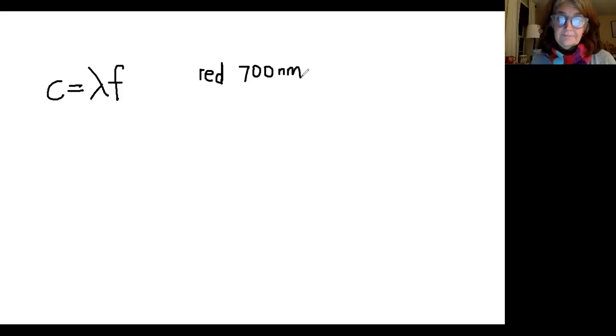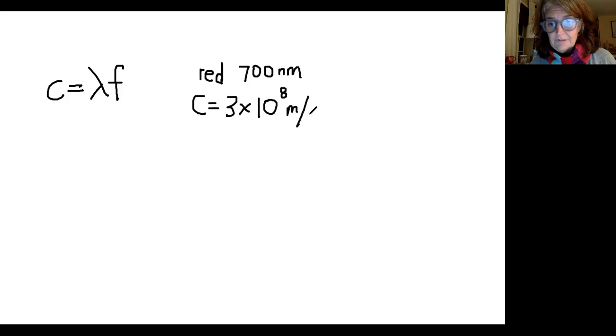And we know that the speed of light is 3 times 10 to the 8th meters per second. And we want to know what the frequency is.